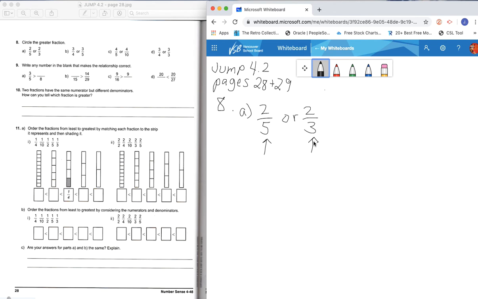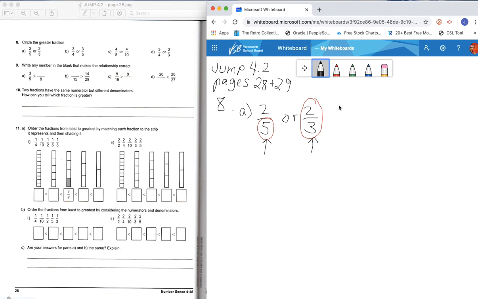And then you ask yourself which one is bigger. Okay? So 5 is bigger. So 5 is bigger than 3. So the bigger the number, the smaller the parts are. So the smaller the fraction is. All right? So which one is the bigger fraction? It is 2/3. Okay.